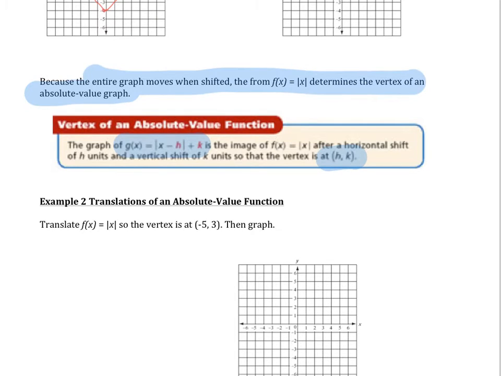Keep in mind it must be a minus inside. So if it's a plus, you would have to change it to x minus negative h plus k. Then the vertex would be negative h, k. And likewise, if the plus sign for the k was a minus sign, then it would be opposite.